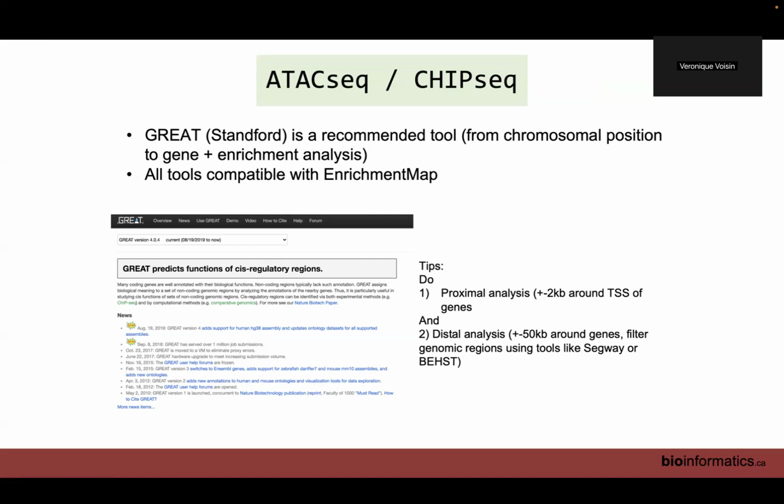So now what you have with this chromosome region is that you need to retrieve the genes associated with these peaks. You can do it yourself using some R package and some annotation, but there is also a tool, GREAT, that is specifically designed to retrieve the genes near your peaks using rules that you can define to limit the boundaries upstream and downstream of the TSS of your genes, and then do the pathway enrichment analysis.